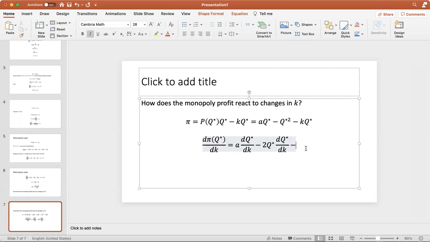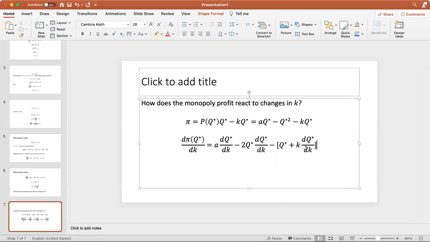So this is going to be Q star, okay, let's put a bracket here, Q star plus K dQ star over dk.